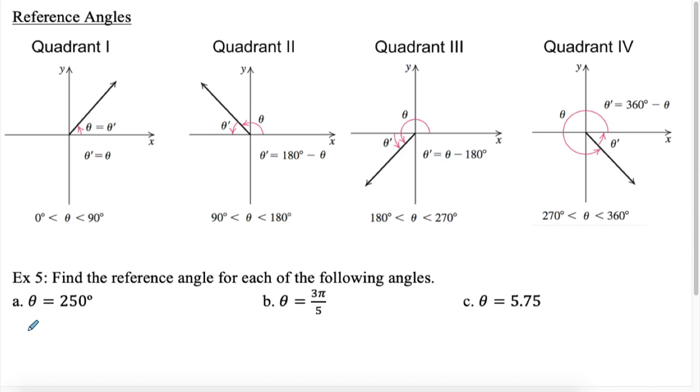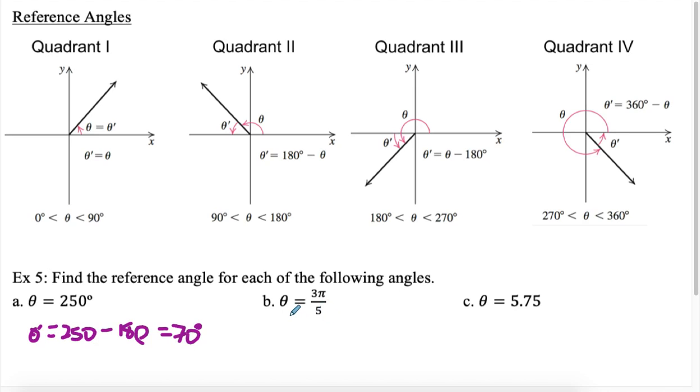To find the reference angle, I take my original angle, 250, minus 180, and that gives me a reference angle of 70 degrees. So if I had a 250-degree angle here, the leftover piece from the x-axis to that terminal side would just be 70 degrees.